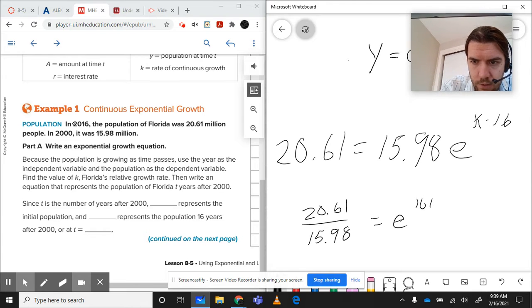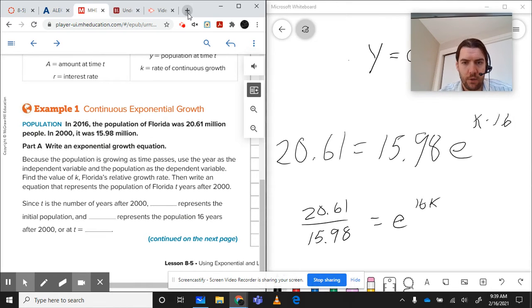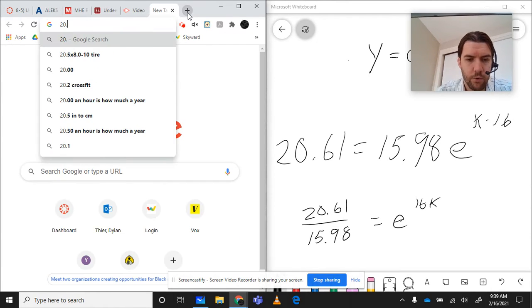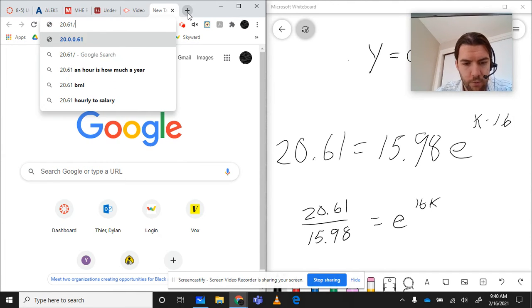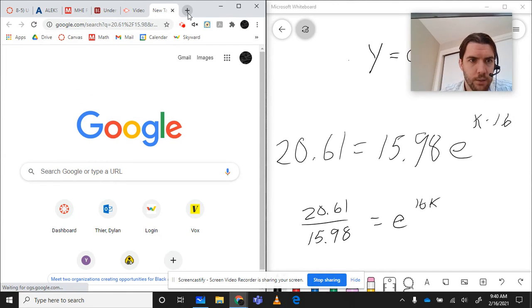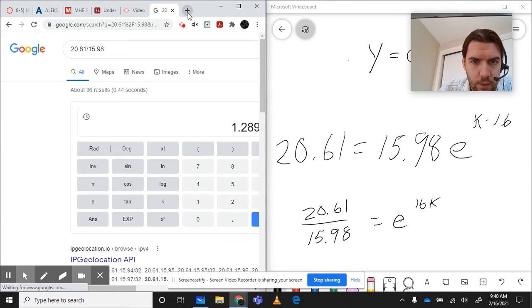We'll call that 16k over here. Let's simplify that left side first so I don't have to write all those numbers out over and over. 20.61 over 15.98 is approximately 1.29.